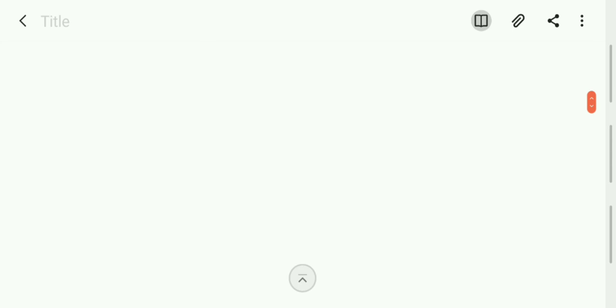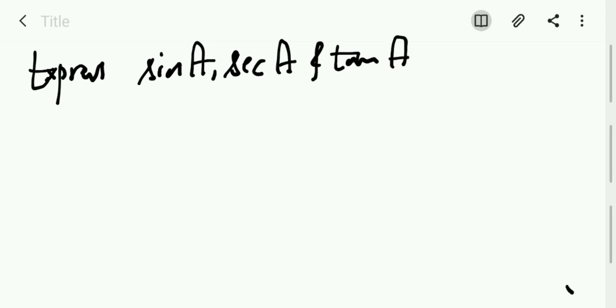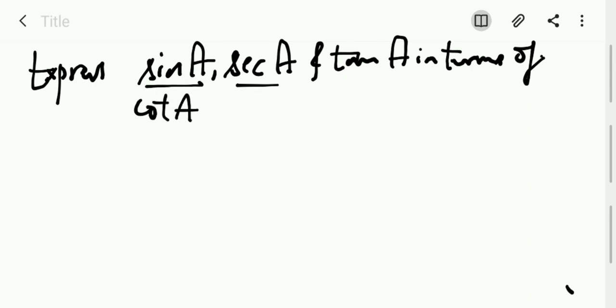Okay. Now, the very first type of problem we're going to look at is: express the trigonometric ratios sin A, secant A, and tan A in terms of cot A. So we need to express sin A, secant A, tan A in terms of cot A. Okay, so hope you have understood the question.